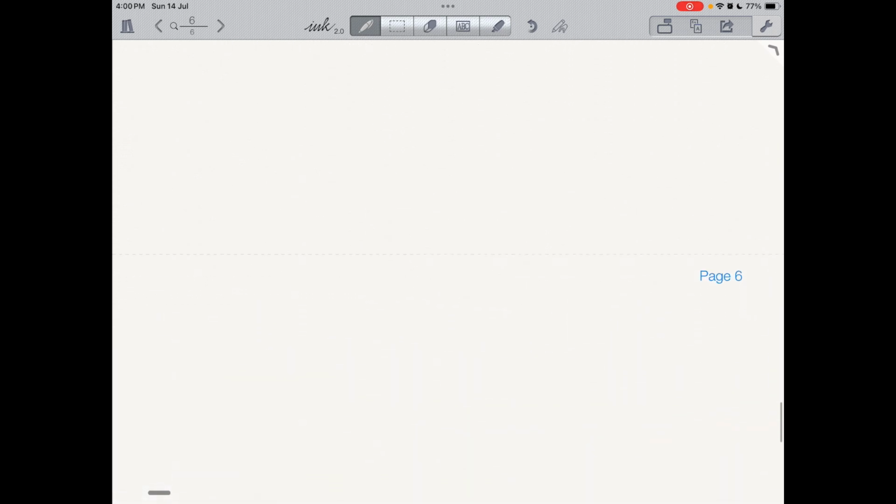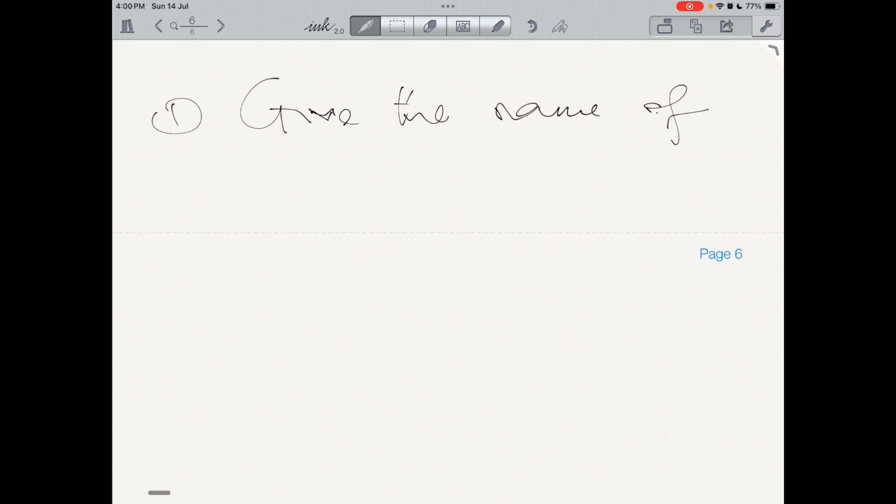It's at this point that I want to stop and ask you to attempt to solve the following questions. The first one: give the name or names of the following compounds.